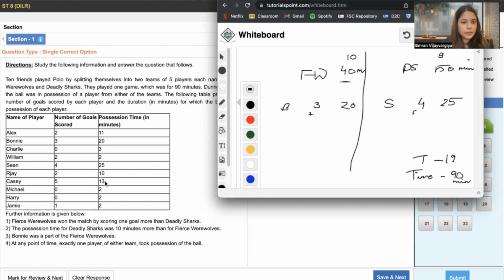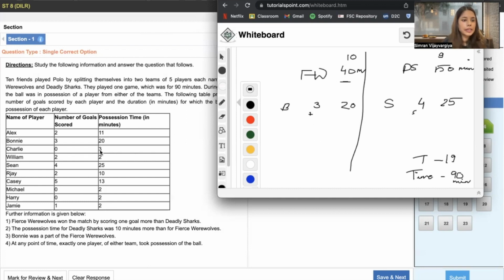They need a total of 25 more minutes, so 12 more, right? And if we take 3 more players with 0 goals also, because they only need 5 more goals, if Casey is in DS, then 0, 0, 0, the time does not come up to be 50. So we understand that Casey cannot be in DS because there's no possible combination of that.